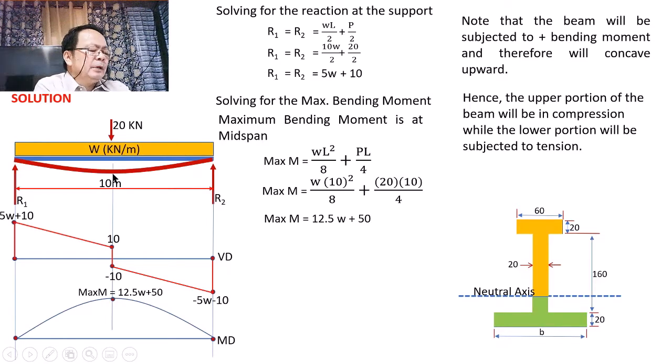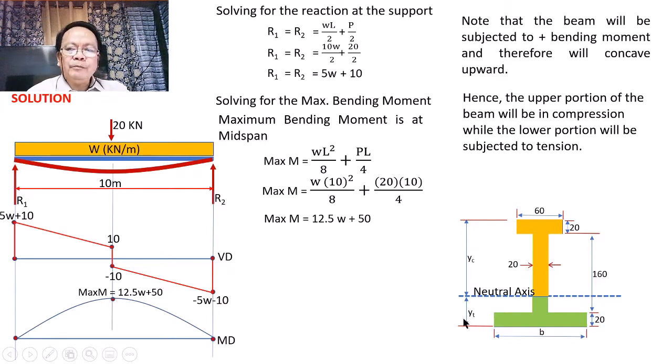Kasi nga, the beam is subjected to a positive bending moment, the concavity is upward, the upper portion will be subjected to compression, and the lower portion of the beam is subjected to tension. Sa pagkatwid, if this will be the case that this will be subjected to compression, then this distance, mula dito hanggang dito, will be our y sub c, or the distance of the farthest fiber in compression. While this distance will be called as y sub t, the distance of the farthest fiber in tension.